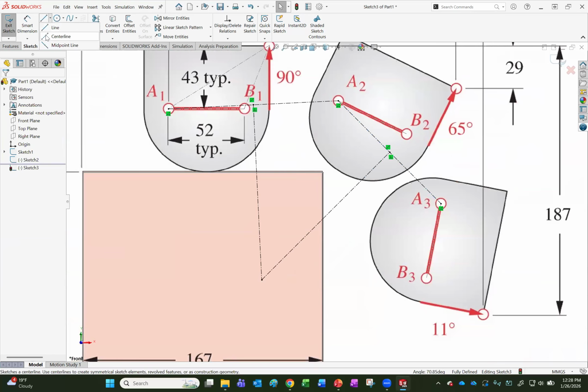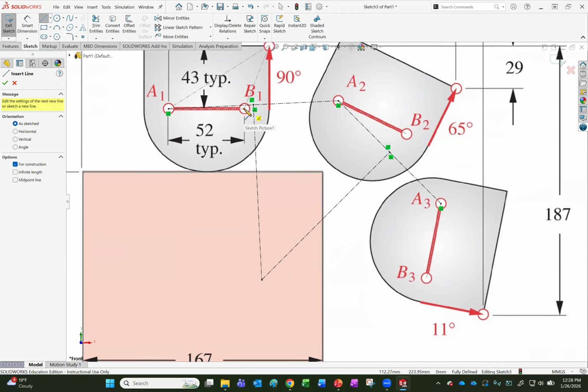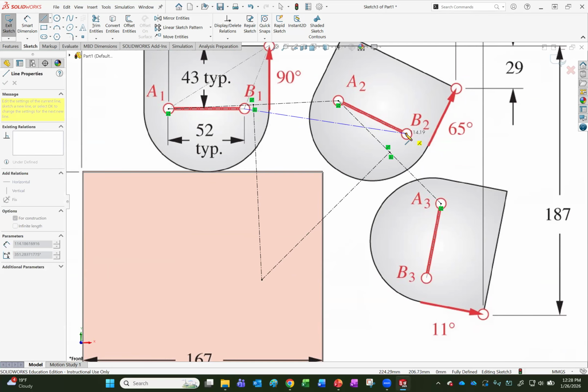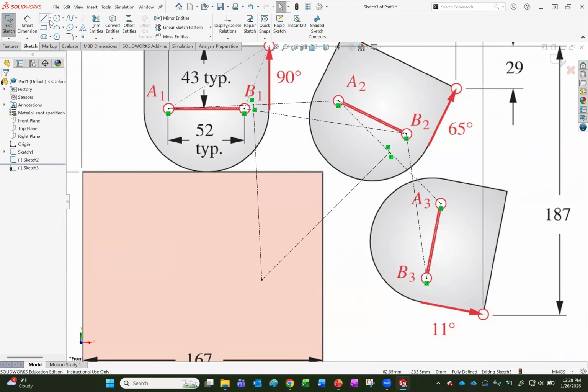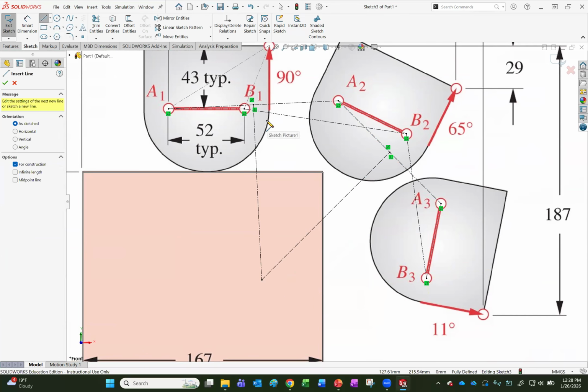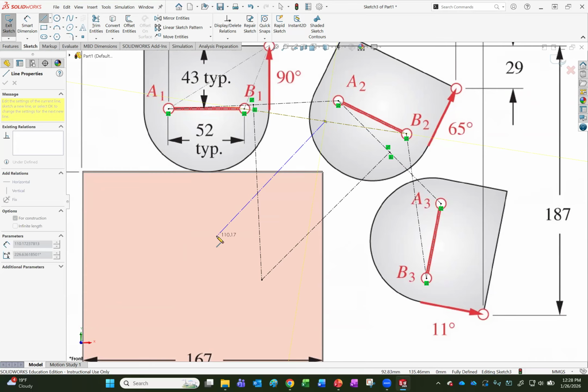And now I'm going to do it for the second one. Go for the B's to B. Boom, boom. Escape. Now I'm going to go from the second here. Boom, there's the middle. I can put them anywhere I want to. Just don't accidentally create a relation.